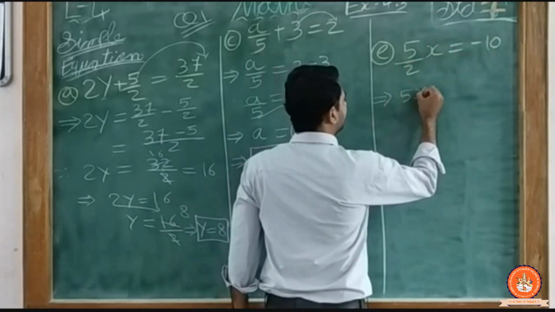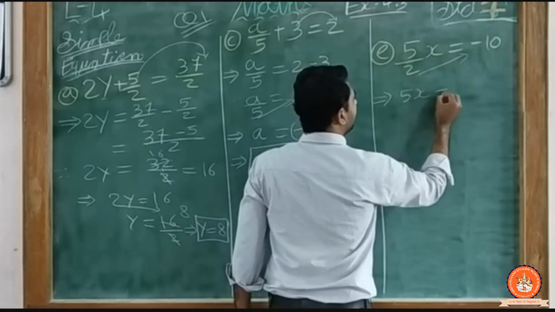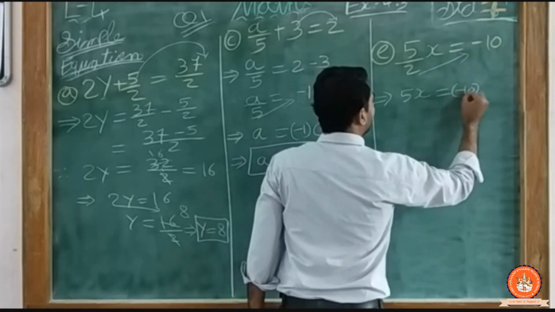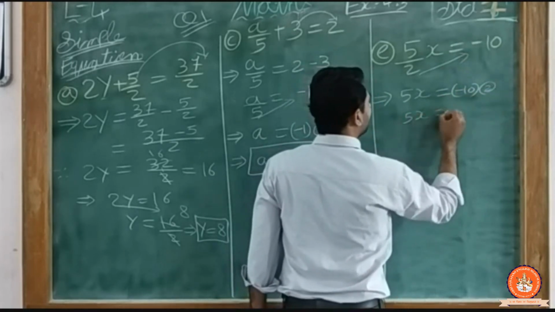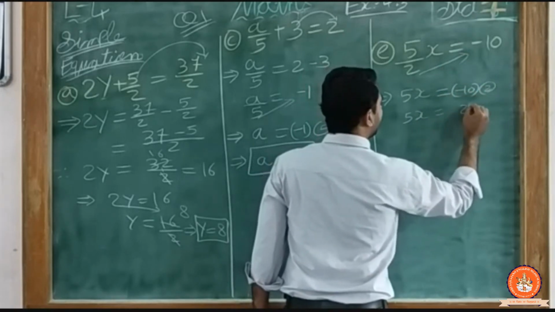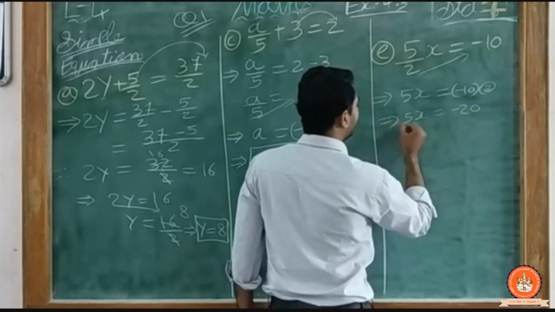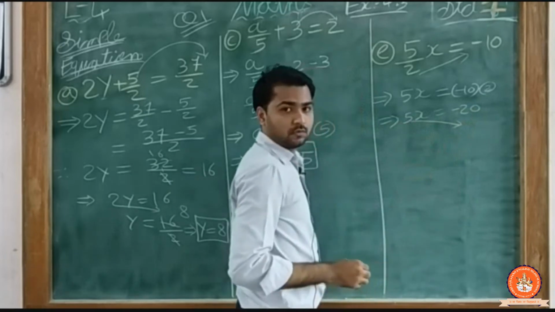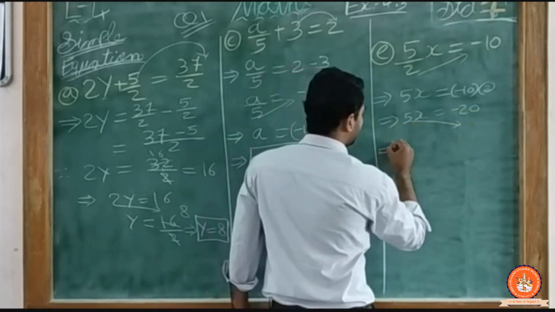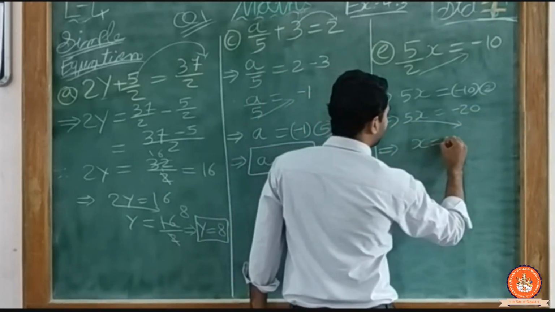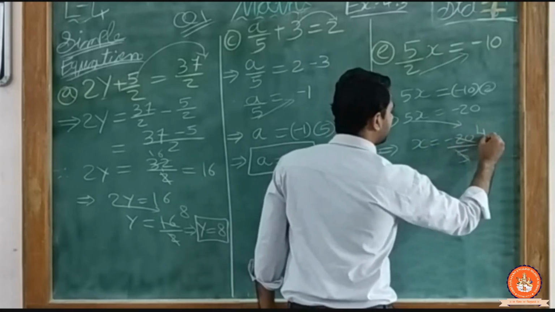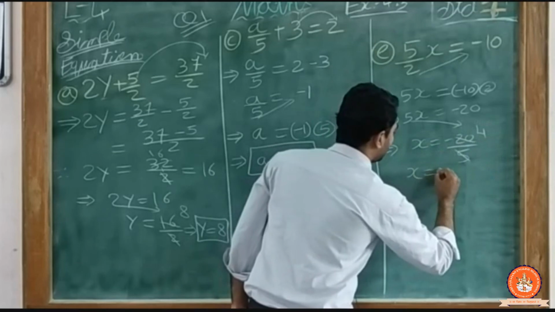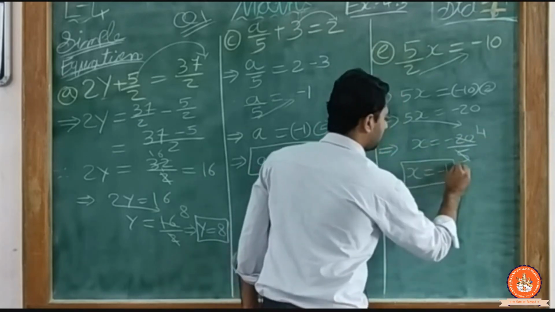So 5x is equal to minus 10 multiplied by 2, that means 10 2s are 20 and minus sign. Now 5 will come down to find the x variable. So x is equal to minus 20 divided by 5. 5 4s are 20. So x is equal to minus 4.